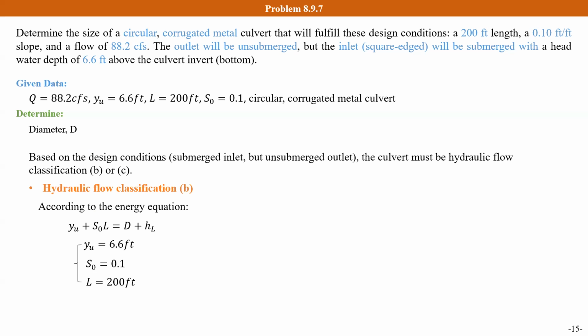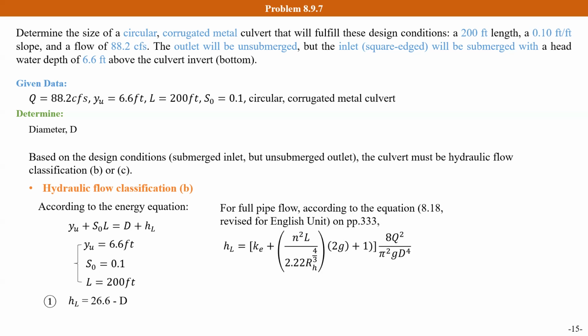The headwater elevation equals the water depth plus the water elevation. The tailwater elevation equals the diameter. In this equation, we know the value of the upstream water depth, the slope, and the length of the culvert. Then the head loss equals 26.6 minus the diameter. We call it equation 1.